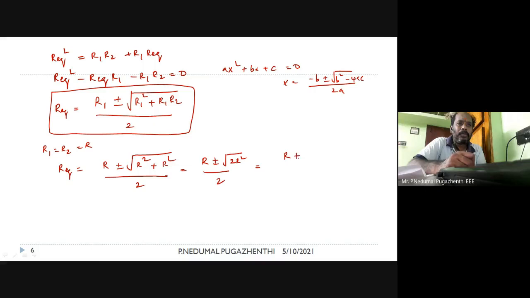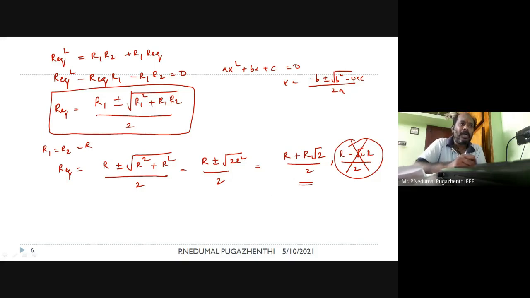R plus, this also R can be taken out, you have square root of 2, and R minus square root of 2 divided by 2. Okay, this is not going to be a valuable form. Root 2 is 1.414. Plus 2 plus 1, you will get 2.414. If you divide it, you will get a value. That is going to be your R equivalent.